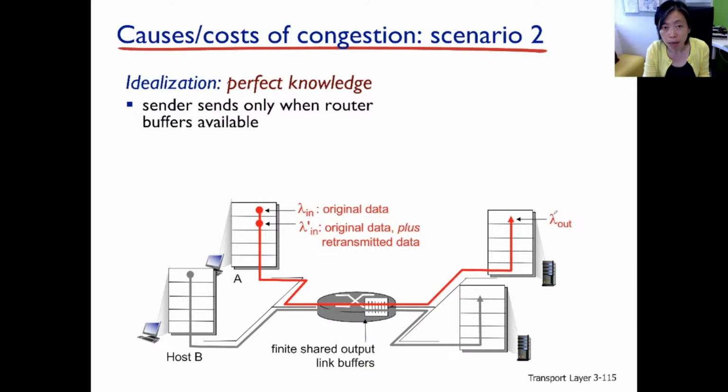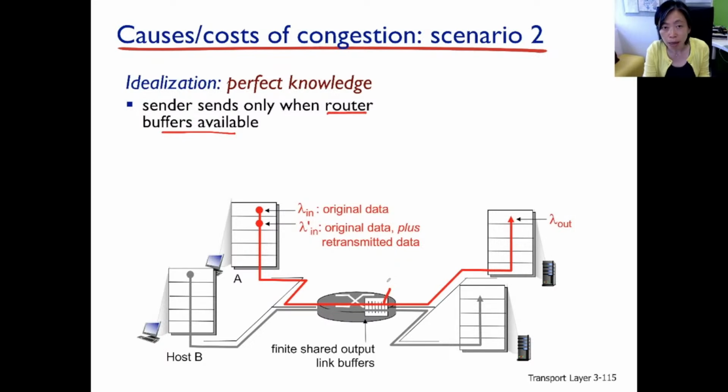Now, let's assume the sender knows perfectly well when the router buffer is available. So the sender sends data out only when there's buffer available here, so there's no packet drop. The scenario goes like this. At the transport layer, we keep a copy of the data just in case we need to retransmit. But the packet will arrive at the router because there's free buffer space, so it travels through the network, reaching the destination, and echoes back, and we remove the copy.